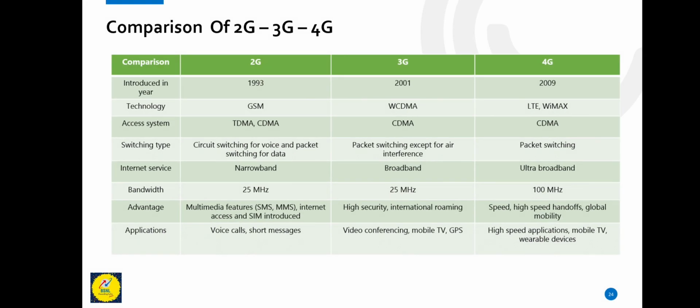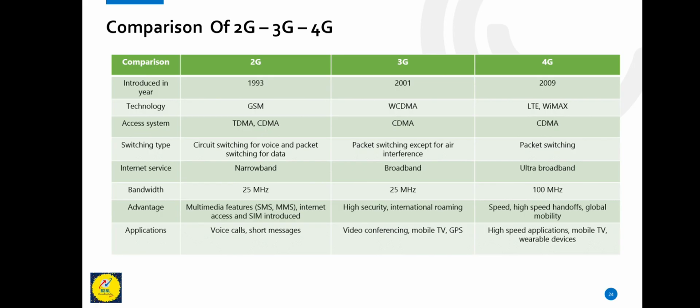So here is a detailed comparison of 2G, 3G and 4G, starting with the year of introduction and the technology used. For example, in 4G, LTE technology is used. LTE is the trademark name of Long Term Evolution, that is the full form of LTE, and it is the trademark of the company who introduced this technology.